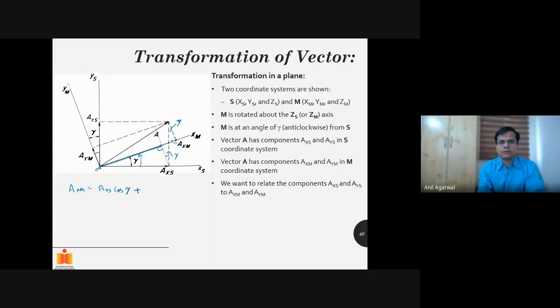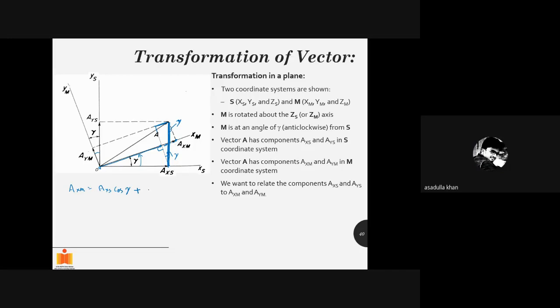Now, how do I know the value of this part? So this length is basically the summation of this length and this length, which is basically a projection of this one over here. So how much is this length? I'm drawing over it.